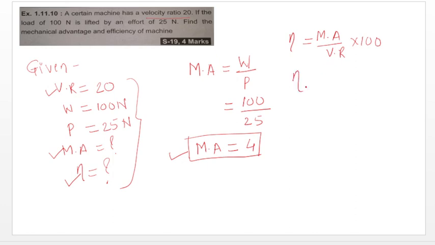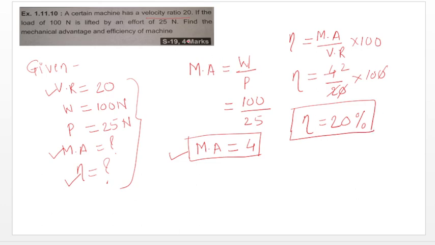Put the values. Eta is equal to mechanical advantage, we have found, that is 4, divided by velocity ratio, given, that is 20, into 100. 0 gets cancelled, 2 into 4, so efficiency is equal to 20%.